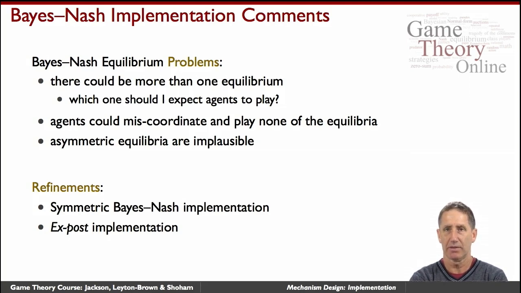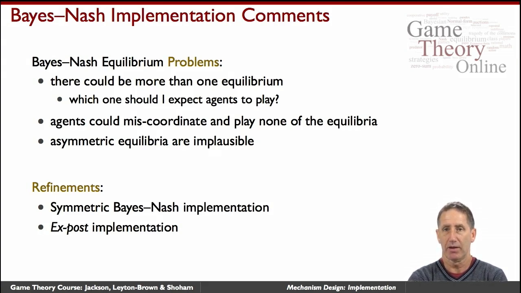And we're back to the same issue that we have in game theory in general, even before we speak about mechanism design. When we have multiple equilibria of a game, what do we actually predict will happen? Now, in a mechanism design setting, we could say, if I have multiple equilibria, is it enough that I select one of them and require that that equilibrium always lead to a social choice optimum or not?